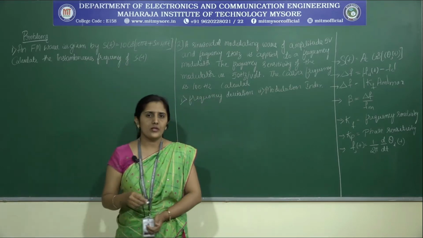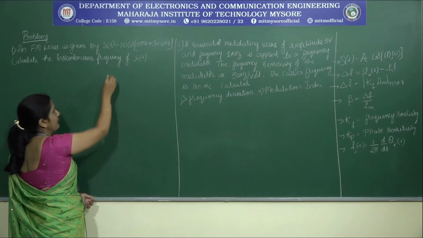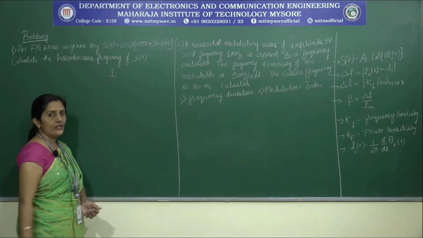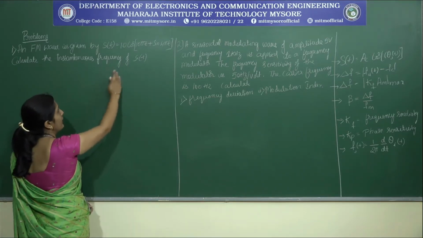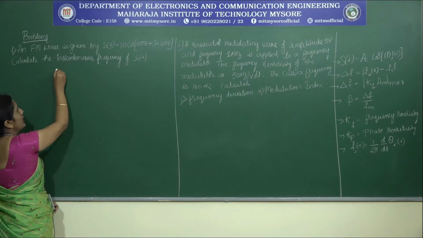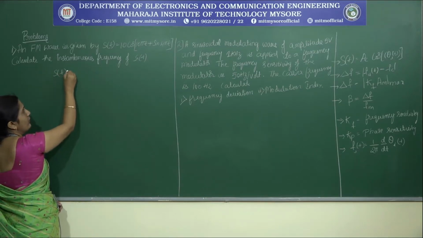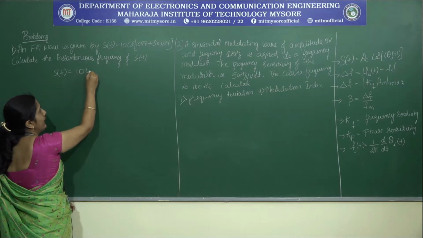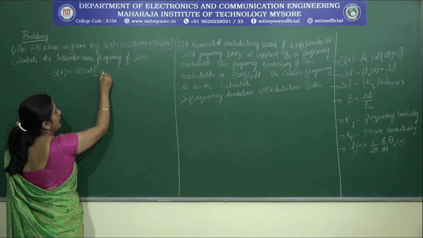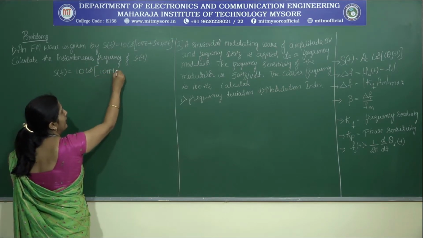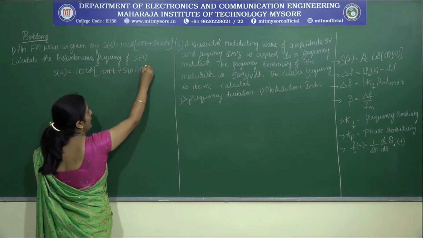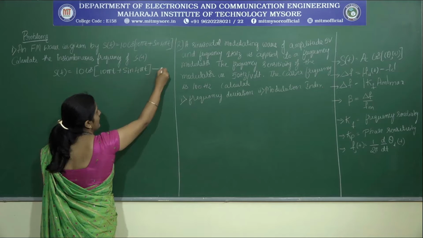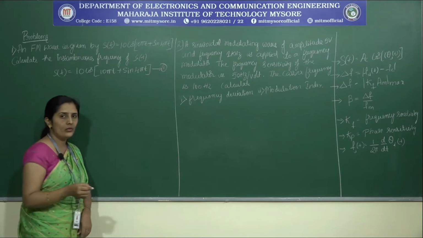We are going to represent the instantaneous frequency by using f i of t. Now let us write the given function. S of t is equal to 10 cos of 10 pi t plus sin 4 pi t. Let us consider this as equation number 1.